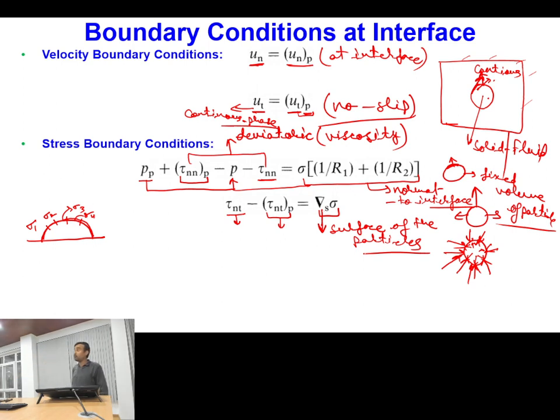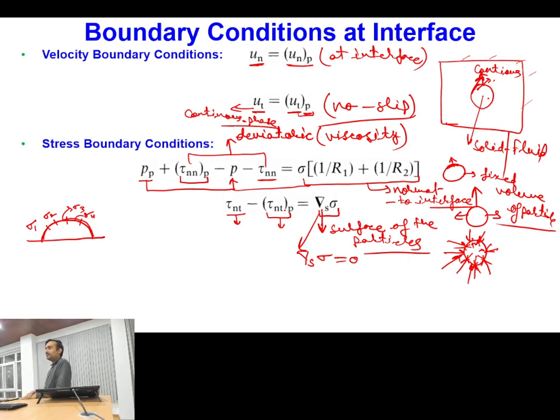Okay, so at or above the critical point the surface tension coefficient is 0 because we don't have any interface above that. Okay, so if you have a system where you don't have any surface contaminations, then this gradient of sigma will be equal to 0. Once this term is equal to 0, it means that shear stress in the continuous phase must balance with shear stress in the particle phase.